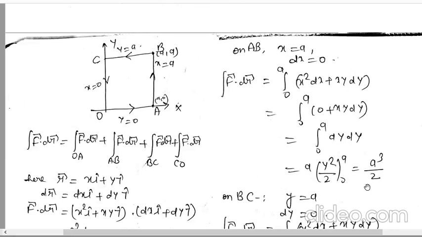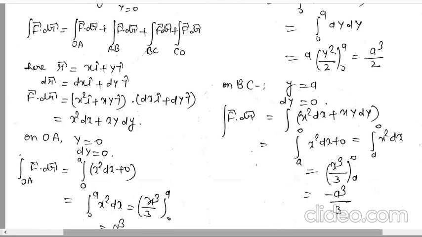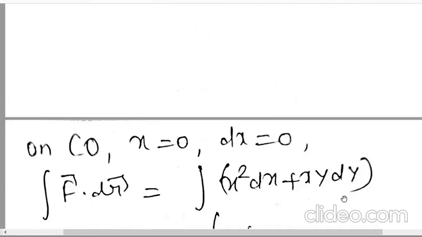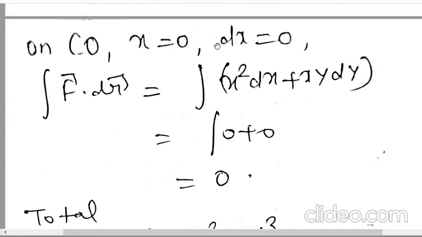Now integrating with respect to y, so a cube by 2. Now along the line BC, BC line means y is equal to a, so dy is 0. So your answer is x cube by 3, so minus a cube by 3. Now along the line CO, CO means the y-axis, so on the y-axis x is 0, so dx is 0, so the whole integration will be 0.